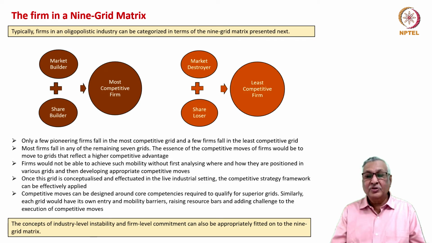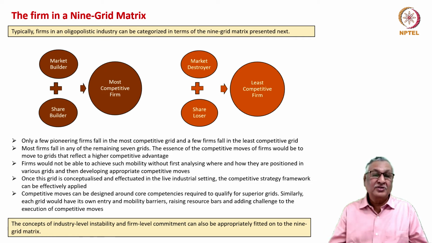The essence of the competitive moves of firms would be to move to grids that reflect a higher competitive advantage, and it may not be possible to linearly and quickly move from one grid to another grid which is farther away. They have to be synchronized to the strengths and weaknesses that the firms have. Once this grid is conceptualized and effectuated in the live industrial setting, the competitive strategy framework for companies would be very optically appealing.